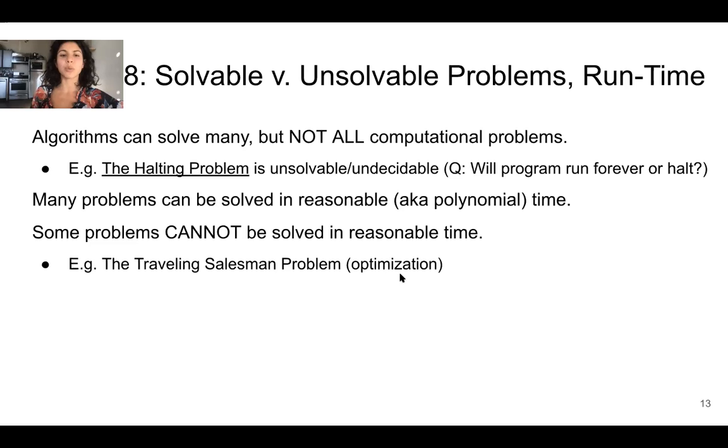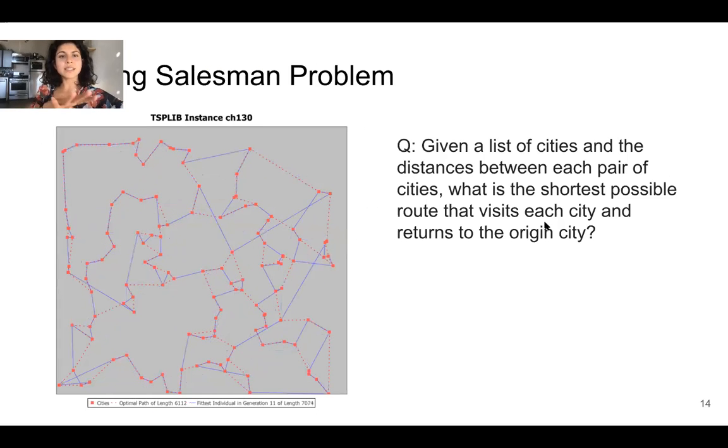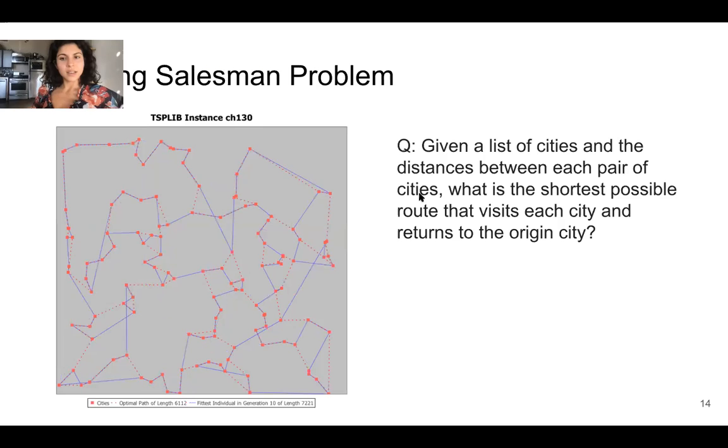So let's have a look at what the traveling salesman problem is. Now you don't need to write this down, just for you to know. This is what the traveling salesman problem asks. Given a list of cities and the distances between each pair of cities, what is the shortest possible route that visits each city and then returns to the origin city?